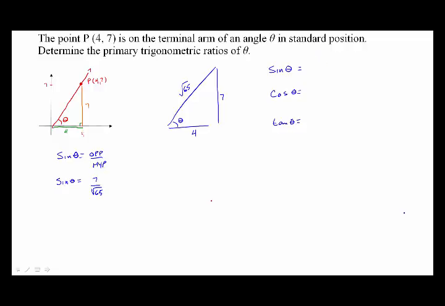Can I leave it like that? No, I have to rationalize. So how do I get rid of it? Multiply by root 65 over root 65. And so it's going to be 7 square root 65 over 65.